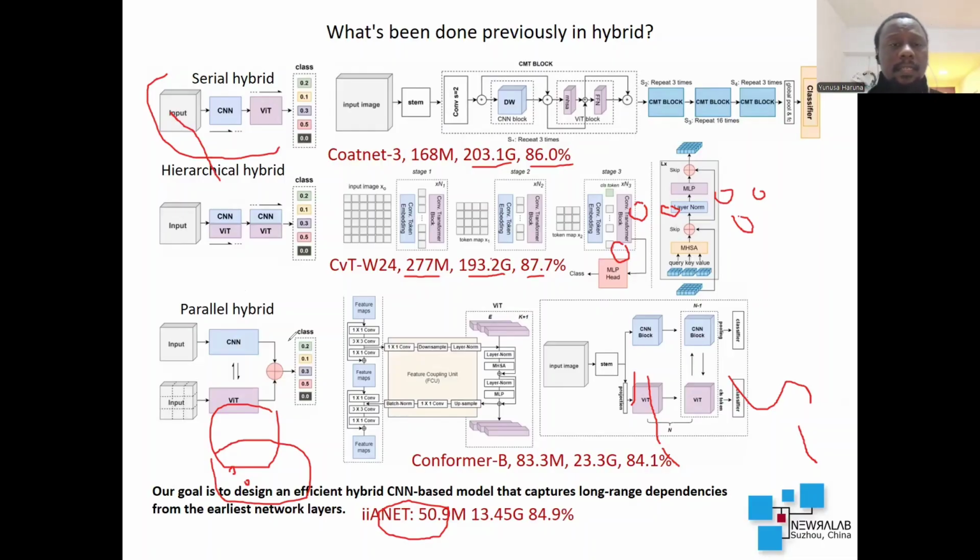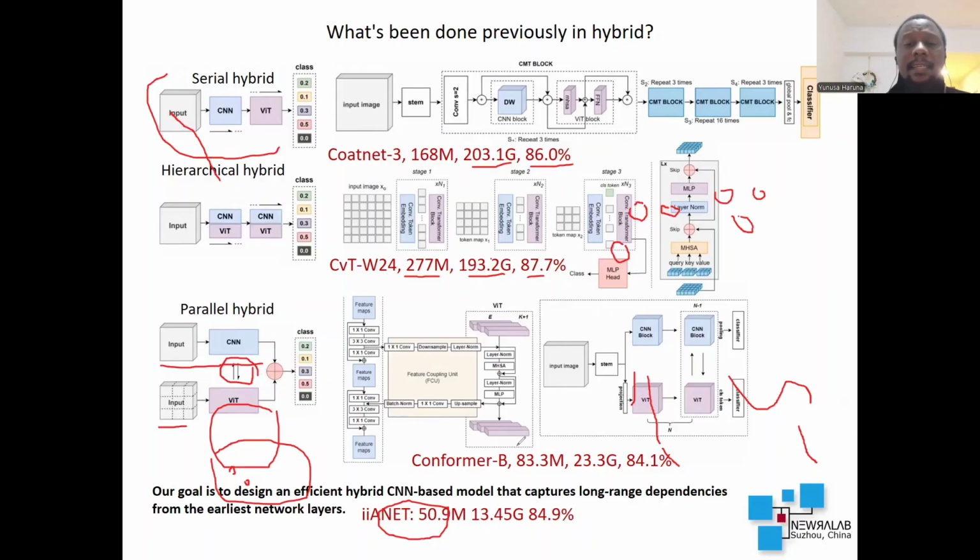So we move to parallel hybrid also, where the CNN has an independent pipeline, and the ViT also has an independent pipeline. So they both process the input independently, and here is where they fuse the two features, whereby the CNN processes the local details, and the ViT processes the global details.